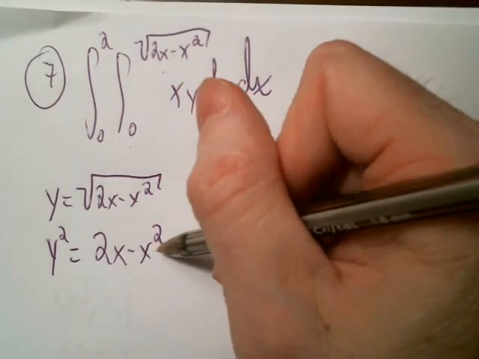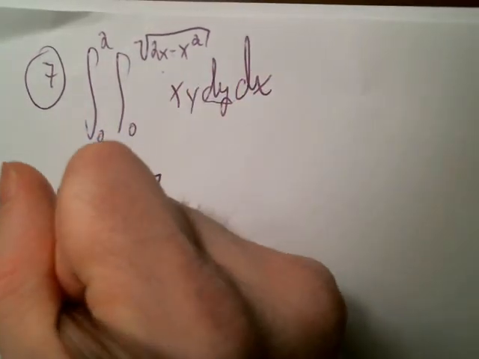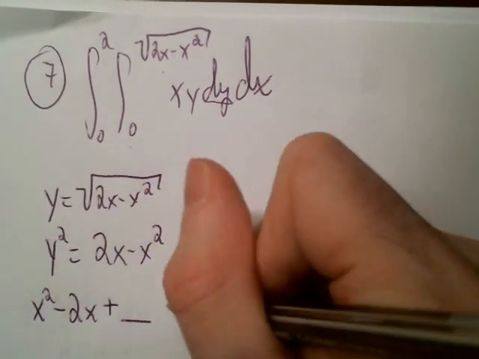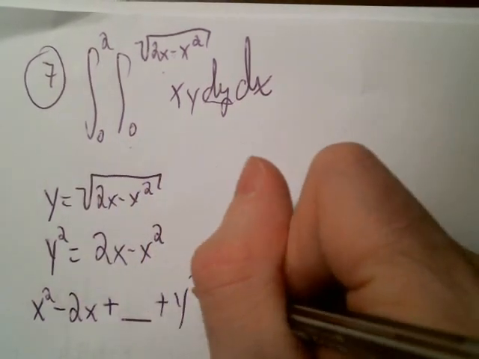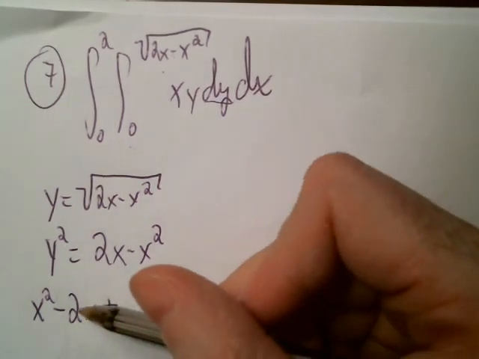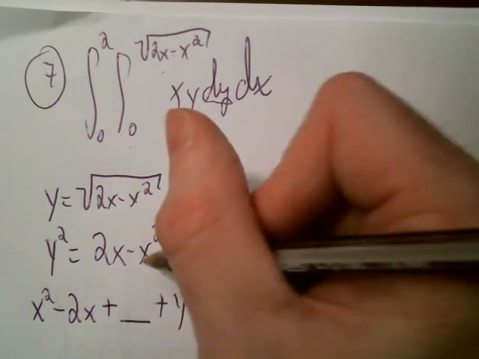Then I need to complete the square to figure this thing out. I'm going to move it over first. So I have x squared minus 2x, plus y squared, and on the other side I have 0. Here I got negative 2, divide by 2 is negative 1, negative 1 squared is positive 1.